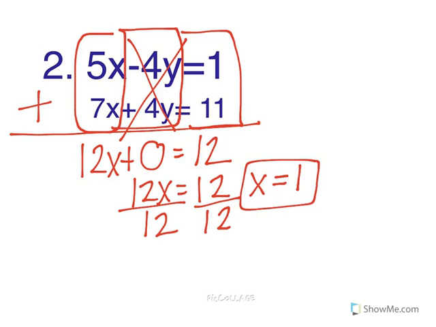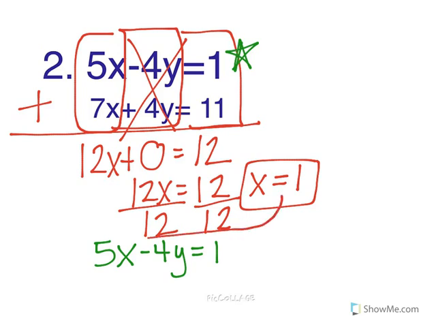Alright, once I get my answer for x, then I can take my x value and plug it into one of the equations. I'm going to use my first equation. Okay, we're going to plug in x. X is 1.